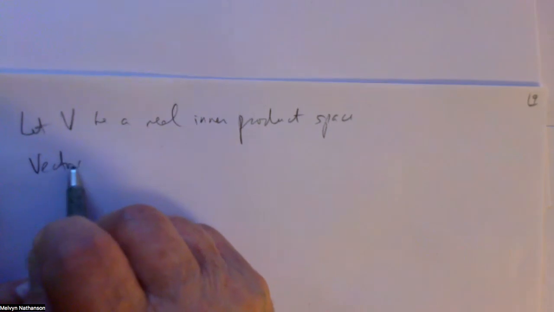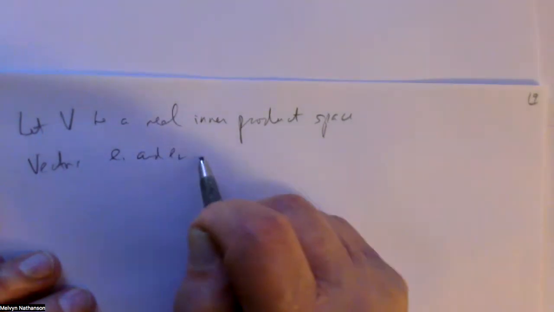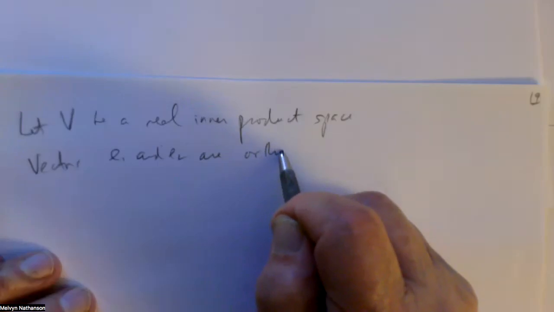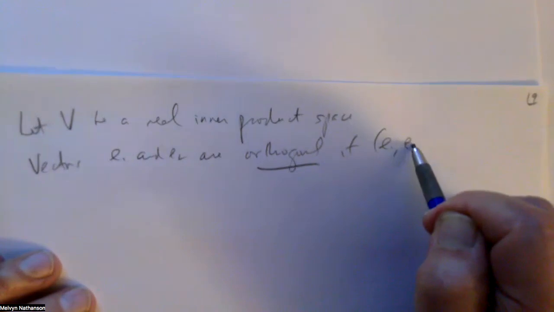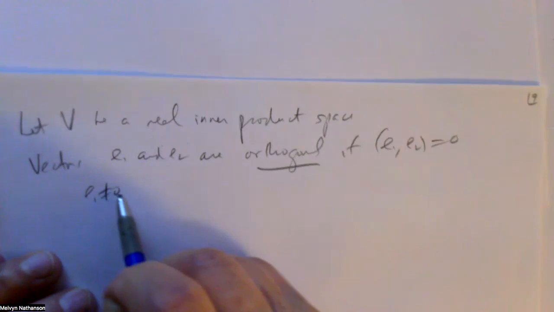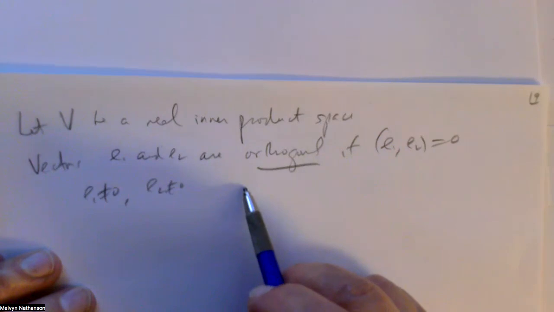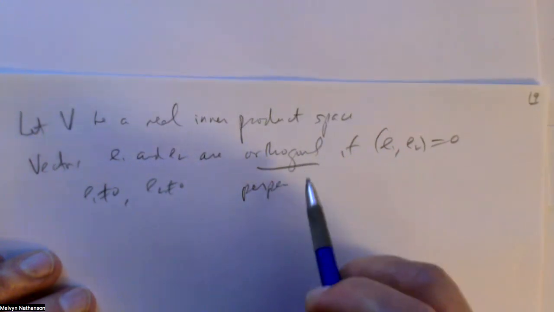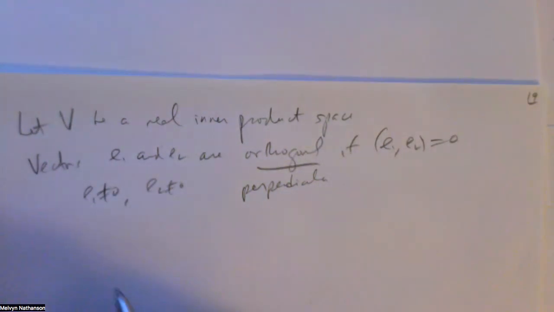And we say that vectors E1 and E2 are orthogonal if their inner product is 0. Let's say non-zero vectors are orthogonal or perpendicular, which is always a synonym for orthogonal, if the inner product is 0.